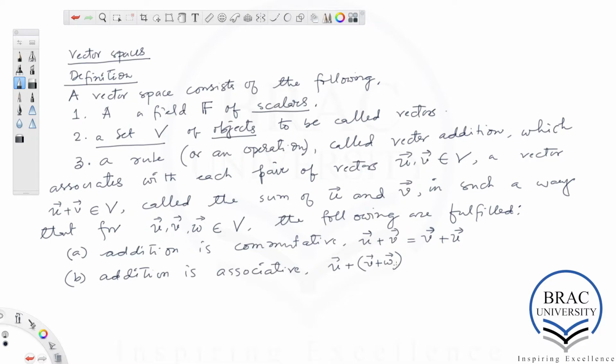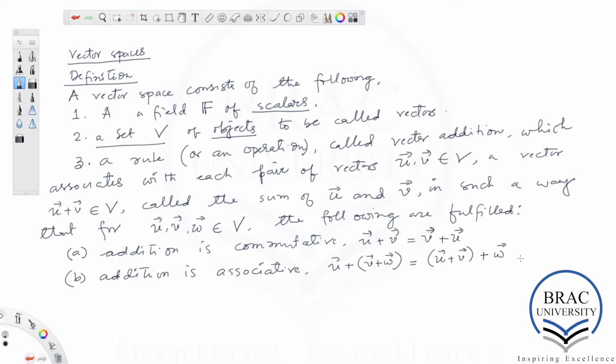It means that v and w should be added first to result in a vector v plus w, and then you add u to that resulting vector, and that should be the same as (u plus v) plus w.